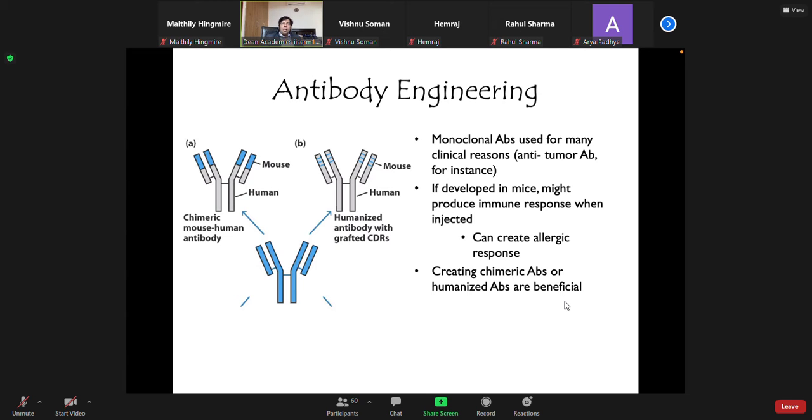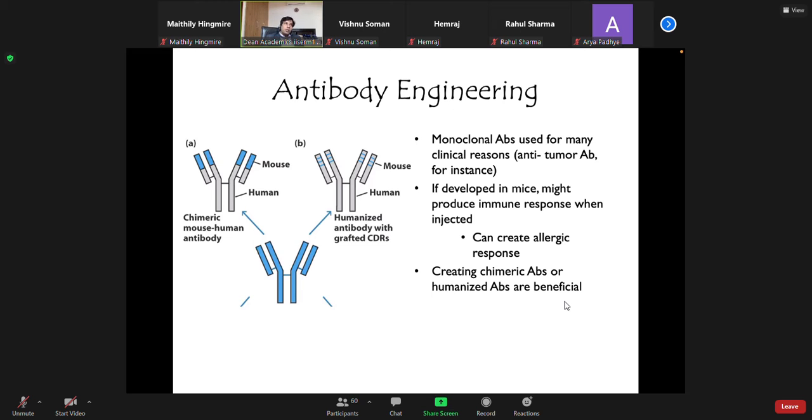Obviously, one of the conventional approaches is serum therapy. Basically, you inject the antigen of choice in horses, collect serum from horses and inject it in humans, as is done for treatment of intoxication or envenoming, snake bites, dog bites, or whatever.